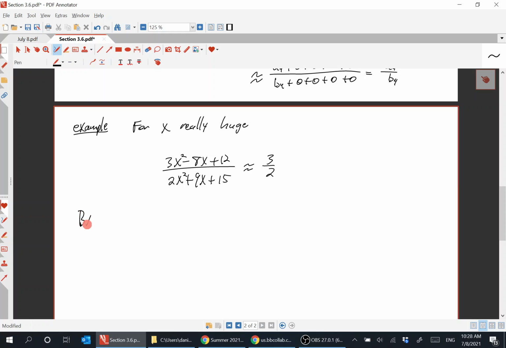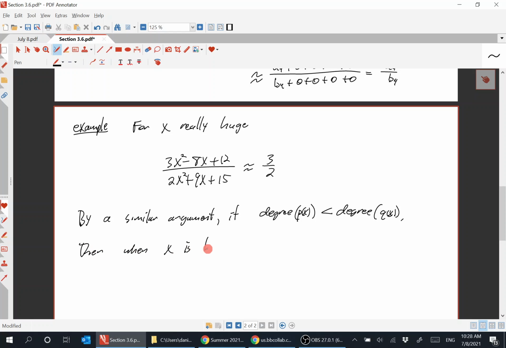So by a similar argument, if the degree of the numerator p of x is strictly less than the degree of the denominator q of x, then when x is huge, p of x over q of x is approximately 0.